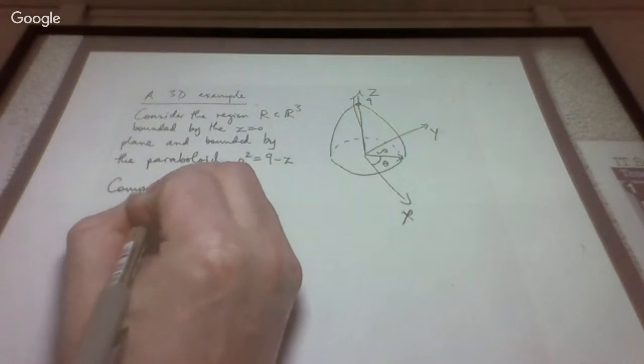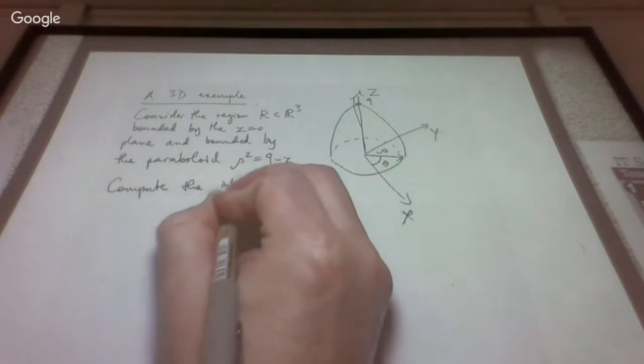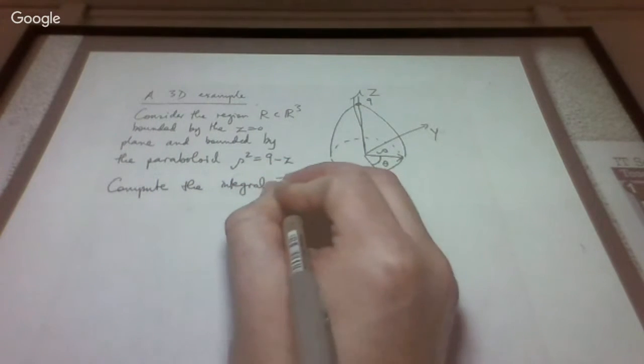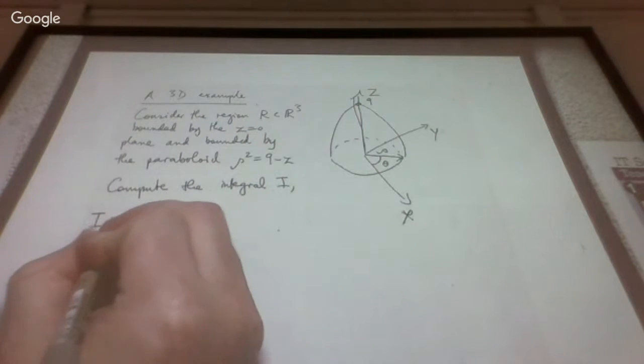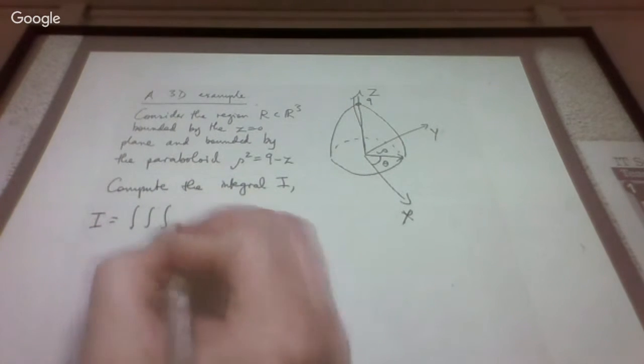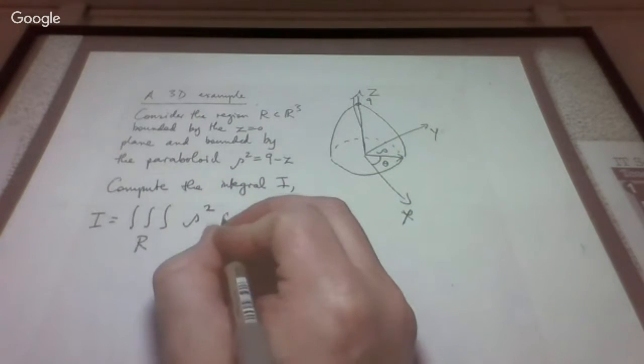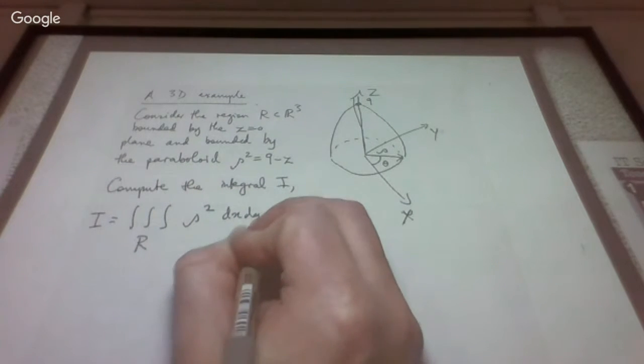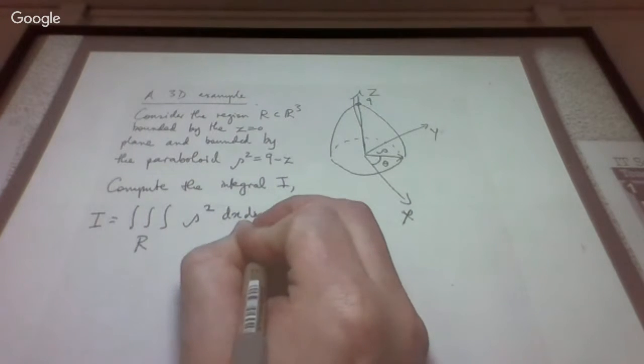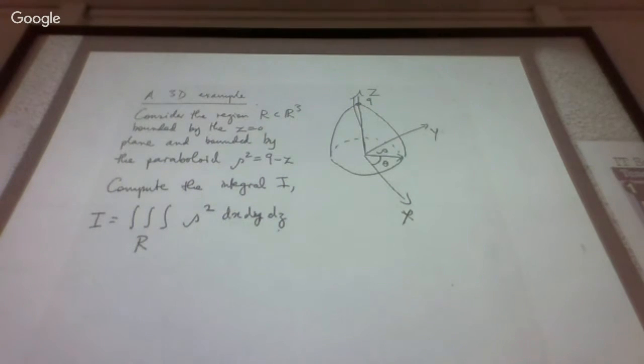And what we want to do with this region is compute the integral I, where I is originally described, so it's a triple integral now, integrating rho squared dx, dy, dz. So rho squared could be some kind of measure of the density of this region.